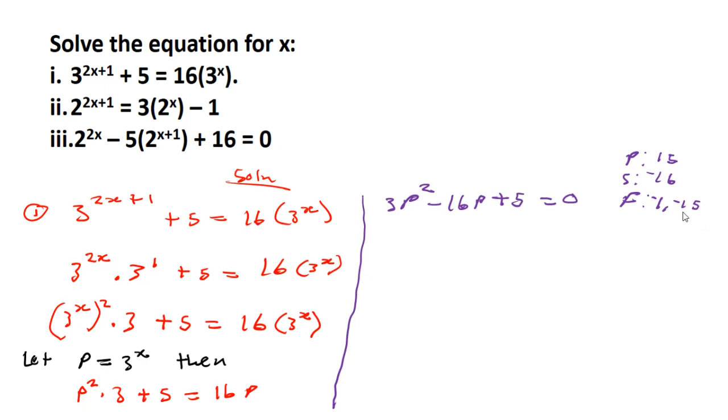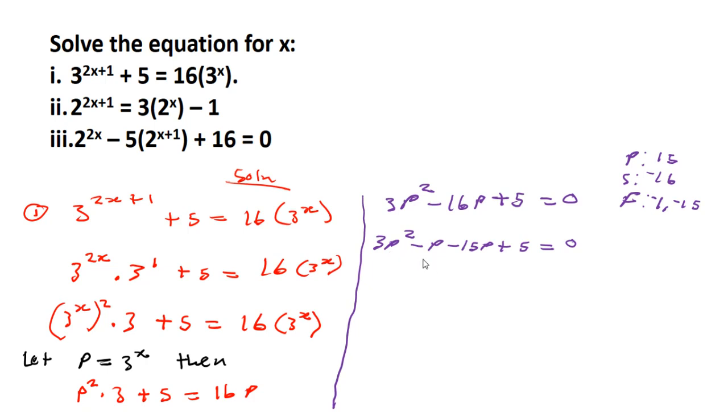So after we do that, we can simply rewrite this expression to be 3p squared, then minus p, and then minus 15p, and then plus 5 is simply equal to 0. With that in mind, we can factorize by grouping.